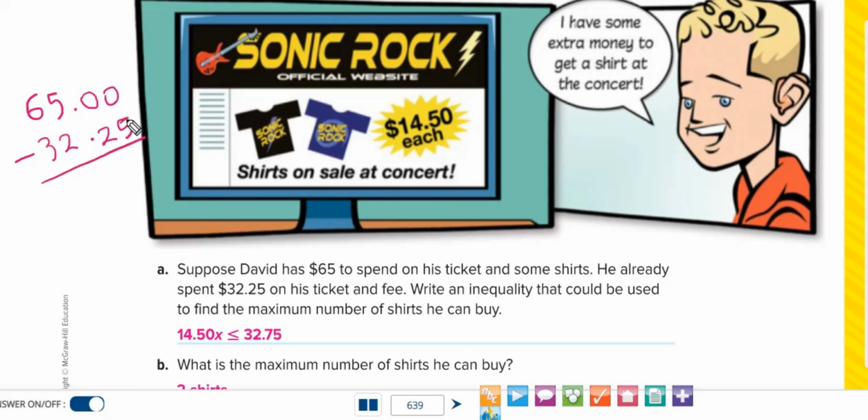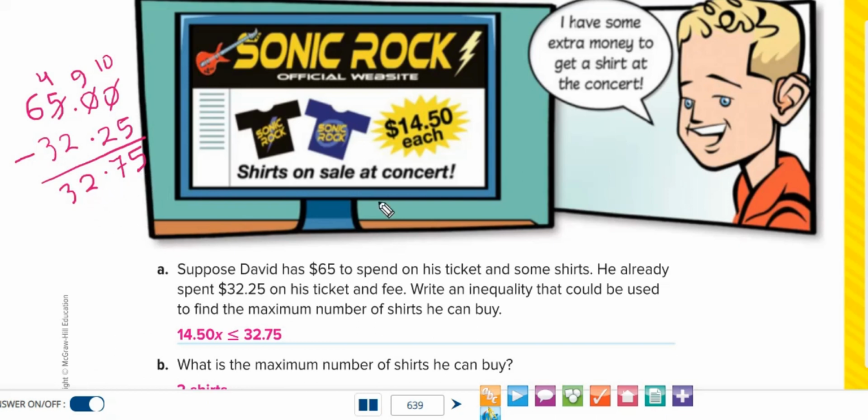Now 0 minus 5 cannot be done, so this 0 will be 10, this 0 will be 9, this 5 will be 4. 10 minus 5 is 5, 9 minus 2 is 7, bring down the decimal point, 4 minus 2 is 2, and 6 minus 3 is 3. You can find it mentally, by the way. So what is left is $32.75.